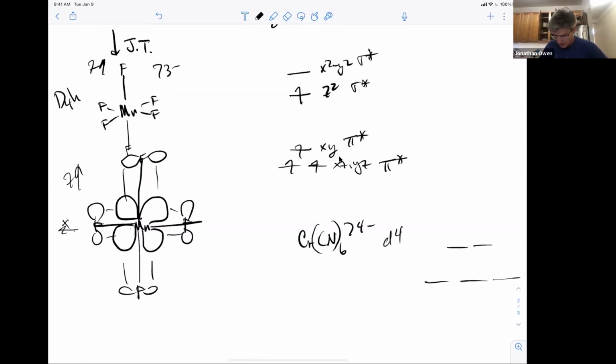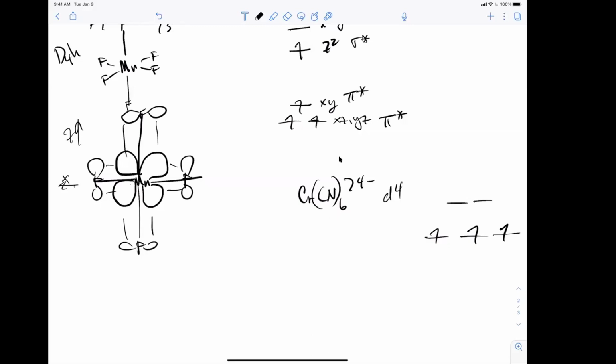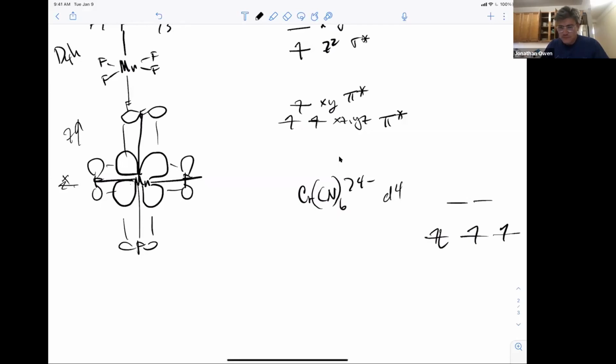High spin or low spin? Low spin? I like low spin. Why low spin? Because it's a strong field ligand. Cyanide is.